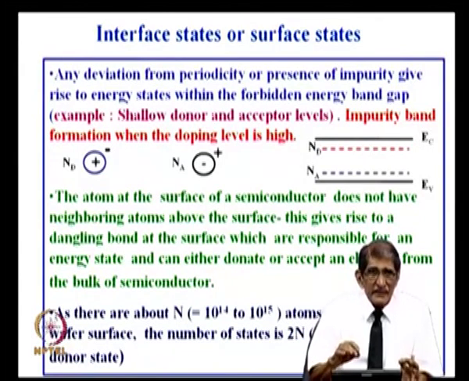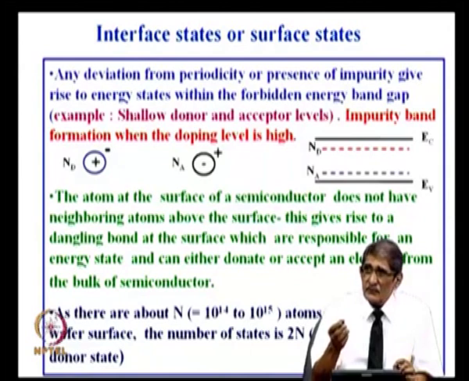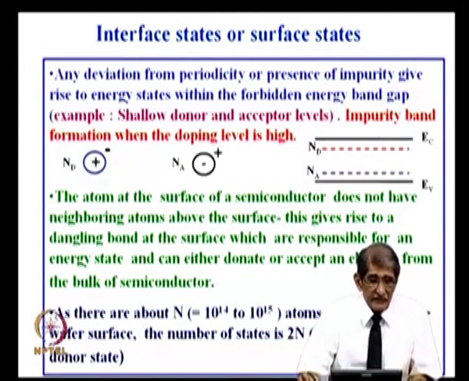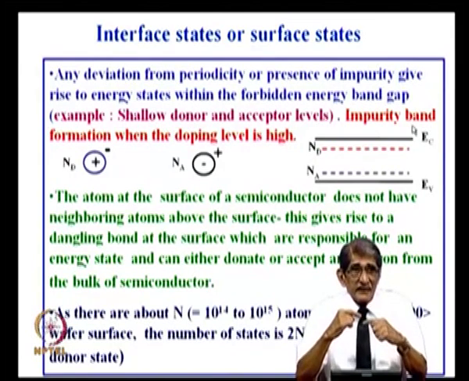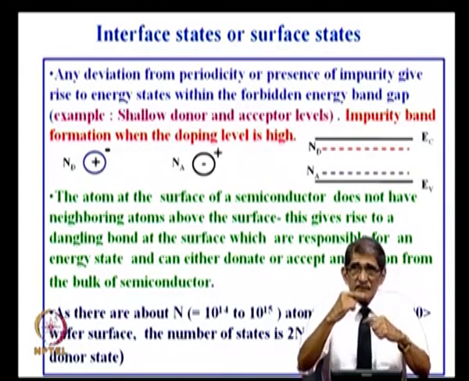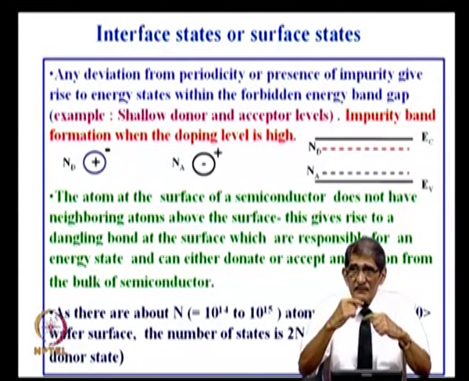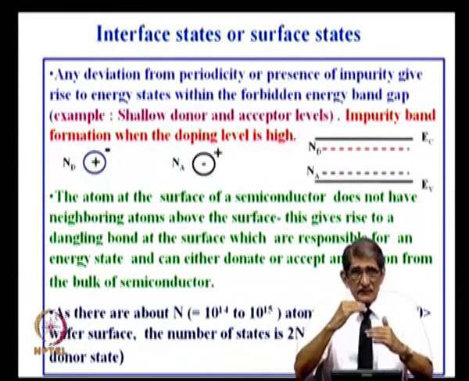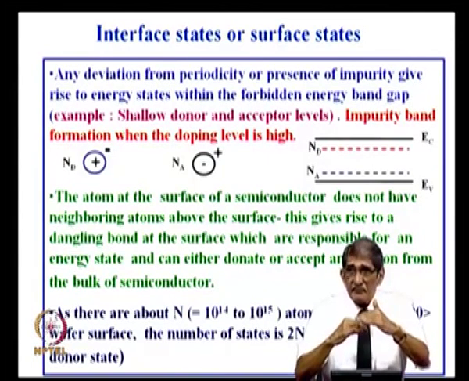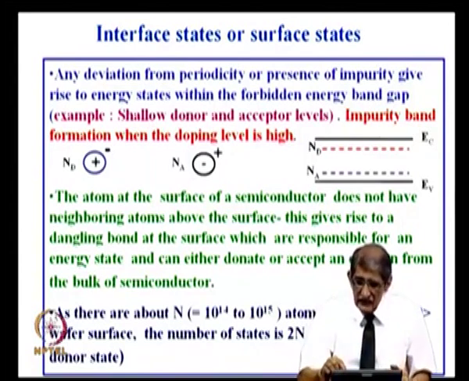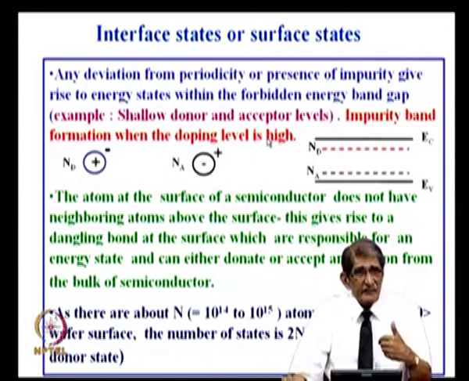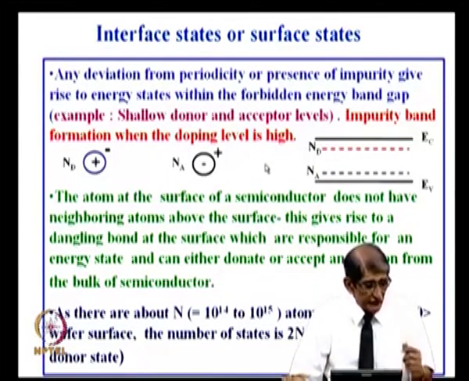In the same way, at surface states, electrons can go and occupy, or the state can donate the electron that is available there. So one atom has one acceptor level and one donor level, and we said the donor level will be below and the acceptor level will be up, because we argued it out. Here the donor level is up and the acceptor level is below. In deep levels, the donor level is down and the acceptor level is up.